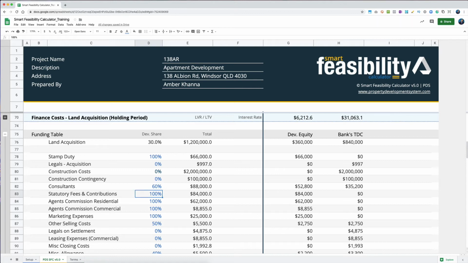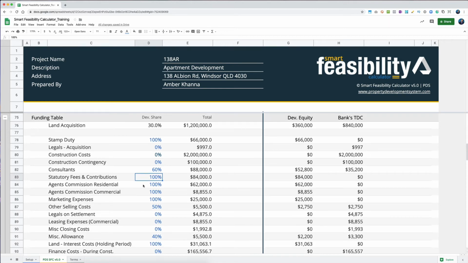Your stat fees and contribution in Australia, I know for sure, the banks will not add that as part of the total cost for the project based on which they are going to lend you the money. So you've got agents, residential, commercial, and so on. These agents will again not be part of it because the agent's commission comes out as soon as the person you have sold your unit to pays you the money.